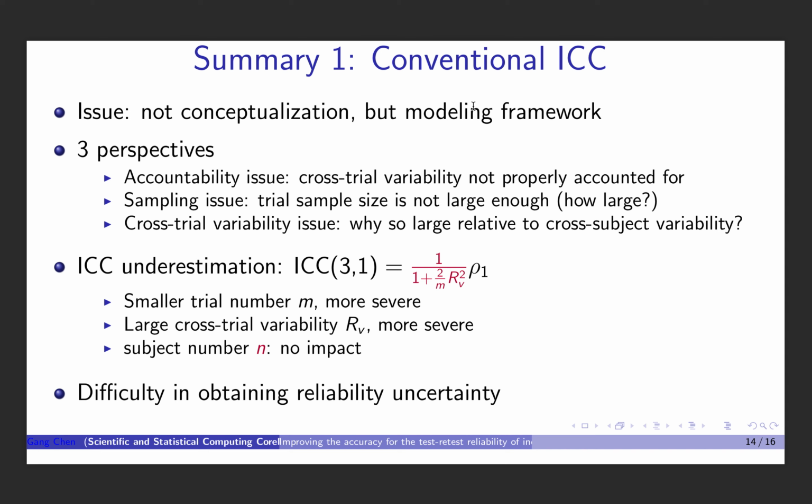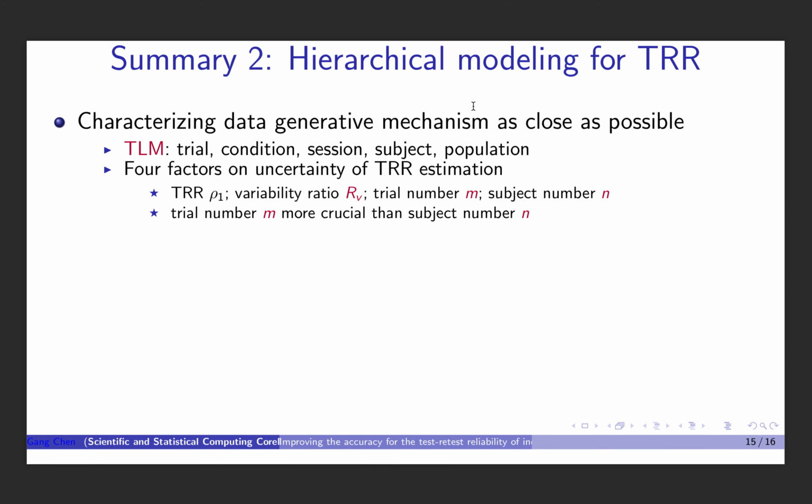Another aspect of the ICC issue is that usually in the literature, we don't see uncertainty reported. That's because it's difficult to obtain such uncertainty information. So here we suggest a hierarchical modeling approach, which is more accurate in characterizing the data generating mechanism because we directly account for the trial effects.